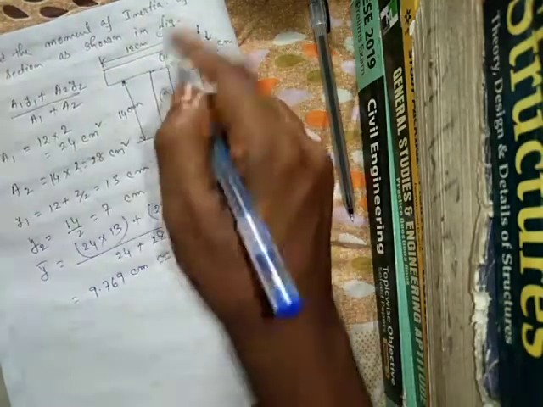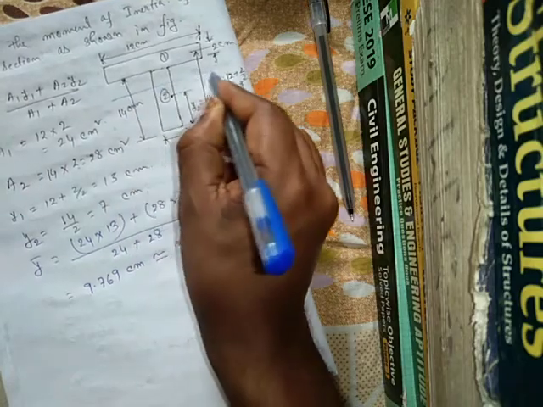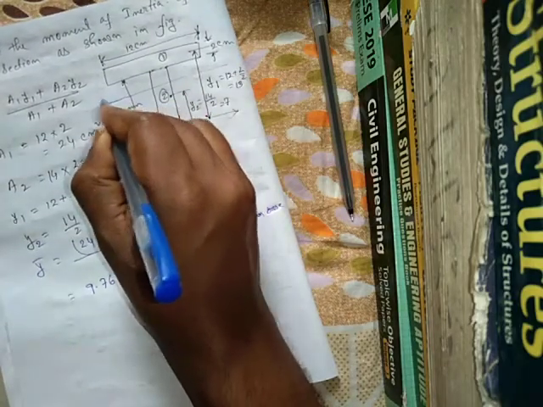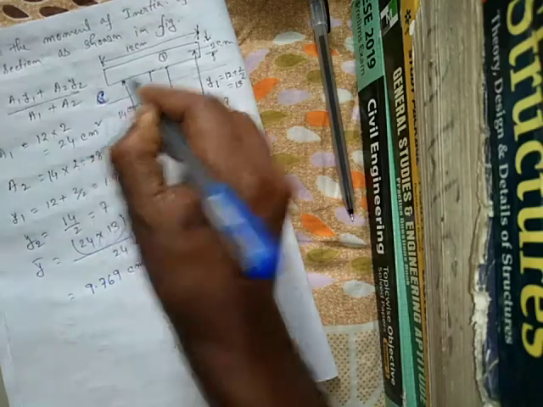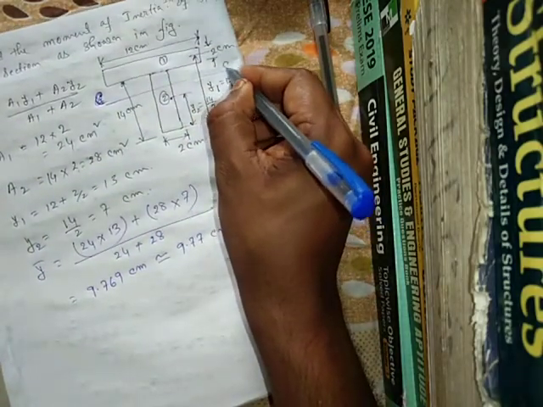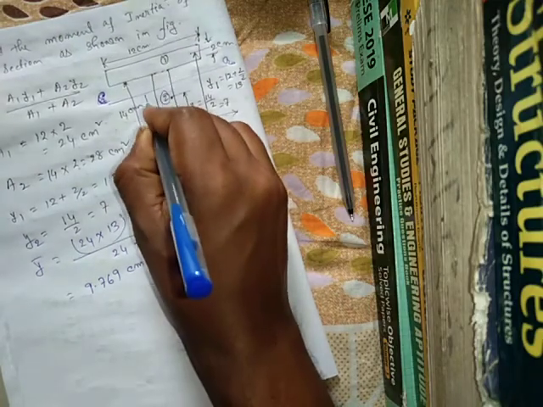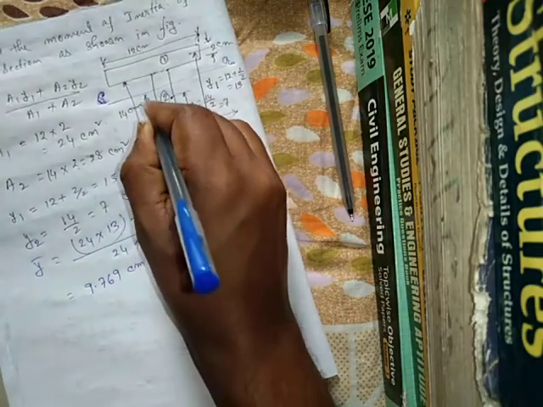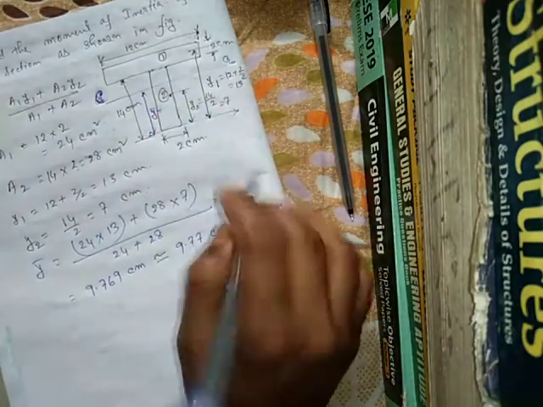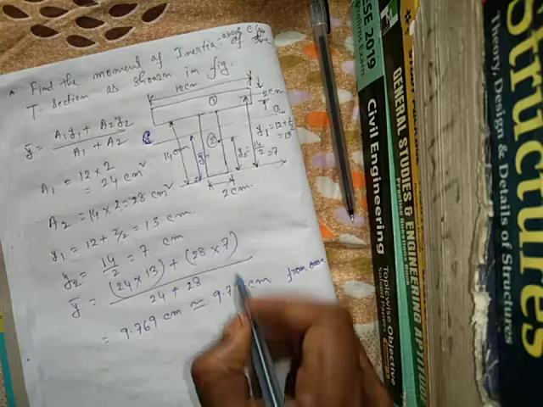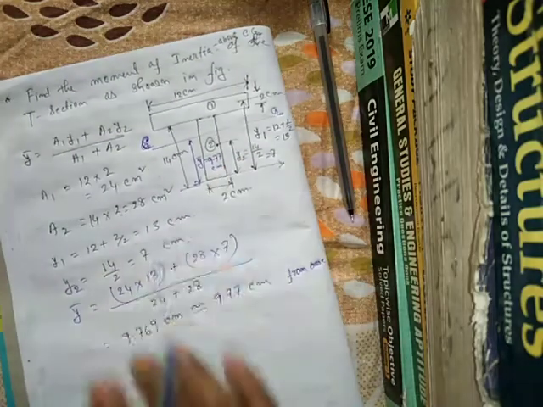So this is the centroid, the center of gravity, the CG distance. The centroidal or neutral axis from the base is y bar equals 9.77 centimeter.